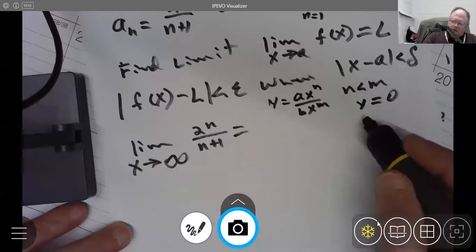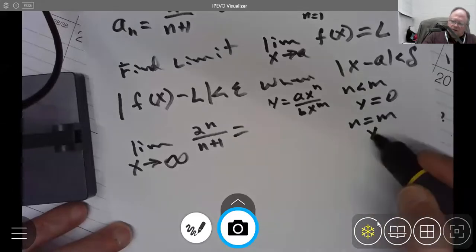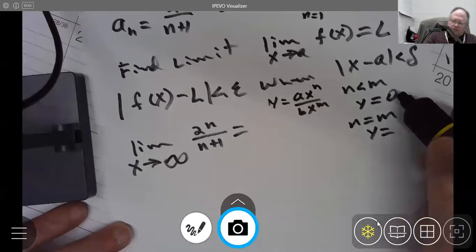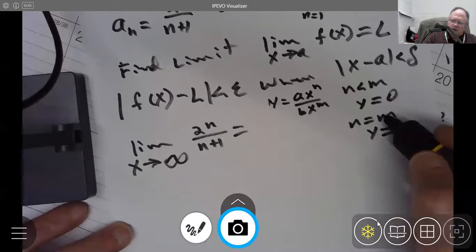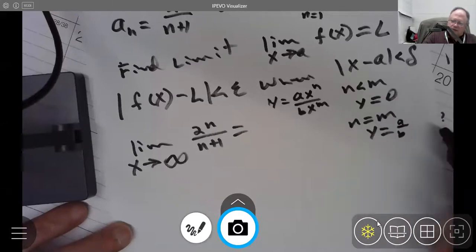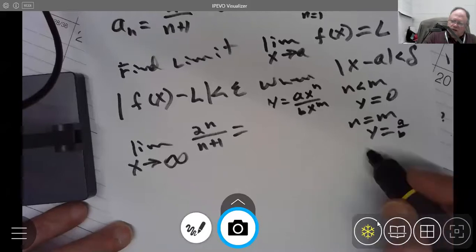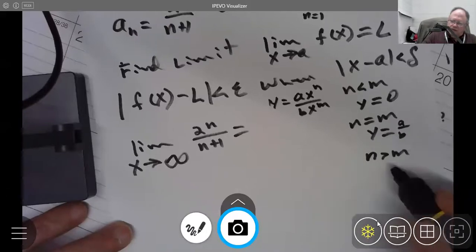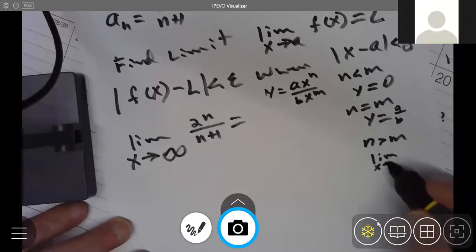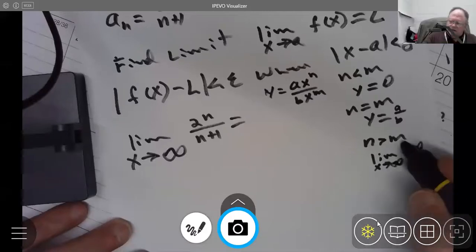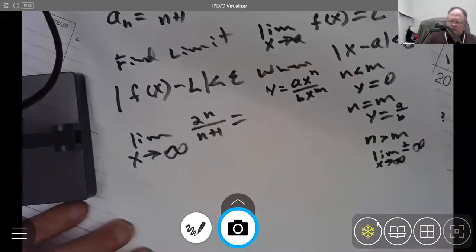Whatever the horizontal asymptote is, that's your limit as well. If n equals m, then it's going to be the coefficients. If n is greater than m, then there's no horizontal asymptote, so the limit as x approaches infinity is either going to be positive or negative infinity, depending on which way it goes.